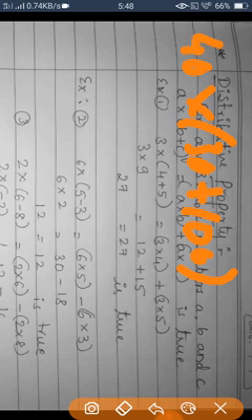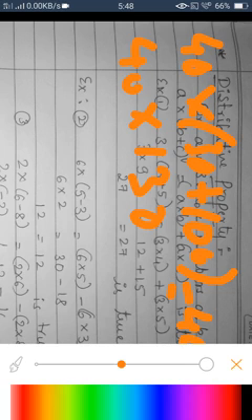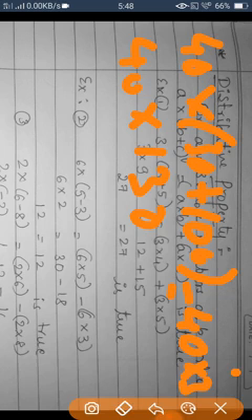However, we would solve 40 into 130, isn't it? This is always equal to 40 into 30 plus 40 into 100, also the same.